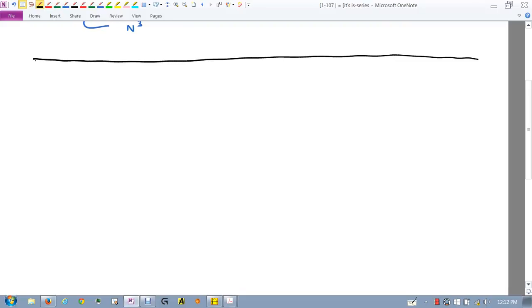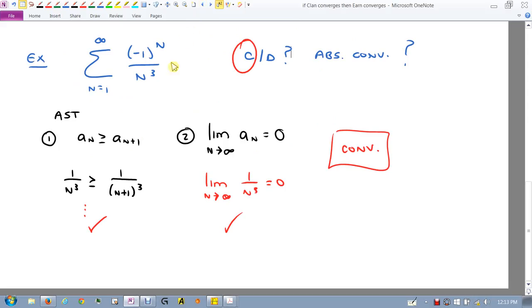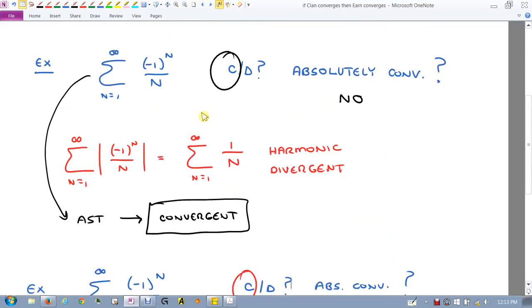Okay, so let's just summarize what happened with those two examples. The first example I gave us, the -1 over n, was a convergent series, right? Did it converge absolutely?